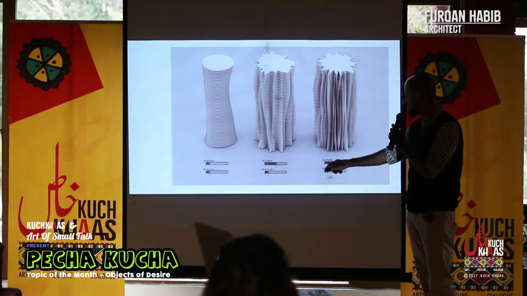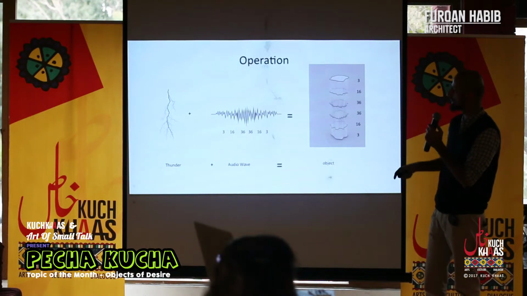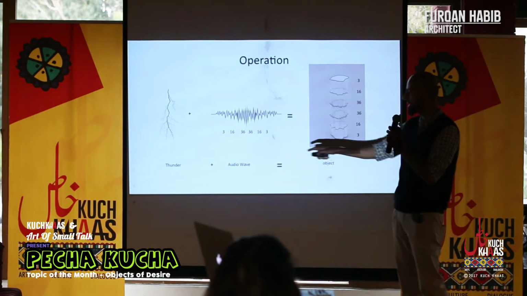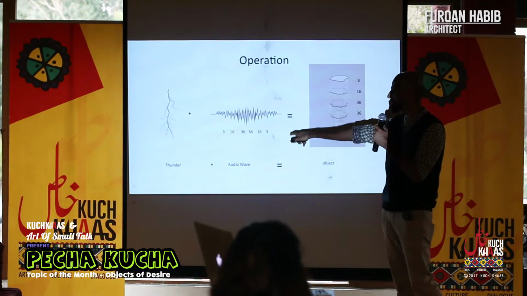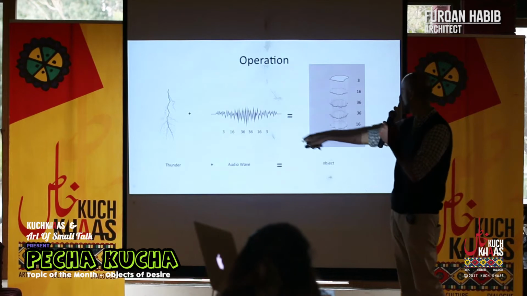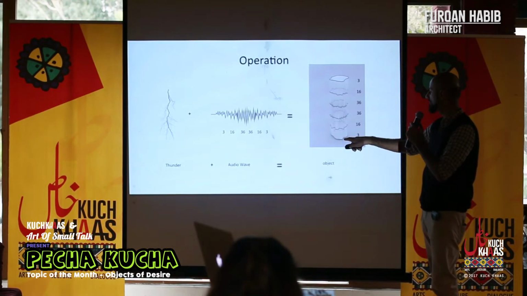Instead of changing these numbers randomly, let's give it some meaning. This is the same thing, but in a different way. What we start off with is thunder. We take its audio file, map its numbers, and by those numbers we get various kinds of curves that embody those points.